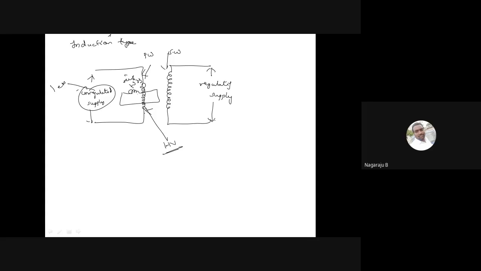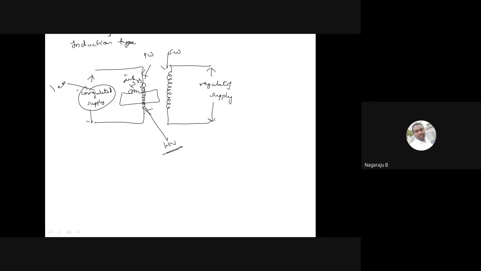To cancel this effect, a third coil is mounted at right angle to the primary coil on the movable core and short circuited on itself. The moving primary coil will induce a voltage in the third coil, which will in turn set up a moving magnetic field of its own.